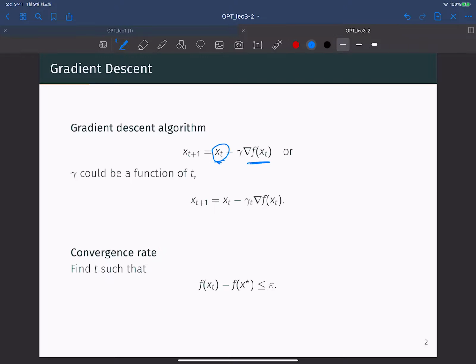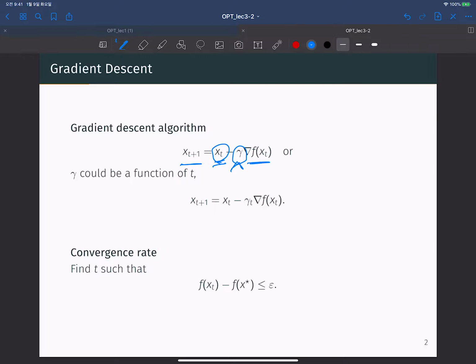So we have to move in the opposite direction of the gradient. The point at iteration t+1 is just x_{t+1} = x_t - gamma times the gradient of f at x_t. So we move opposite to the gradient with step size gamma.